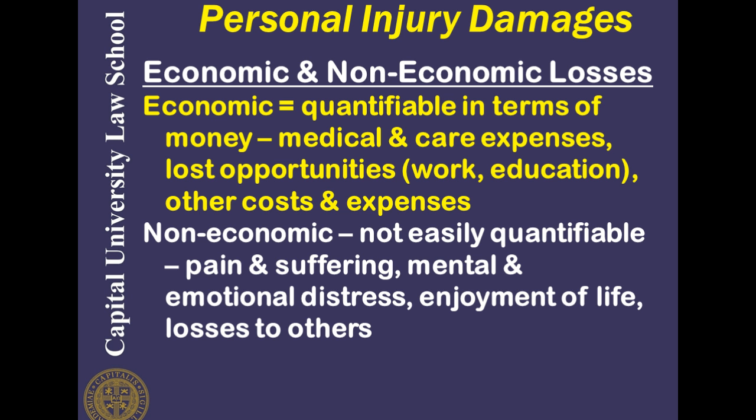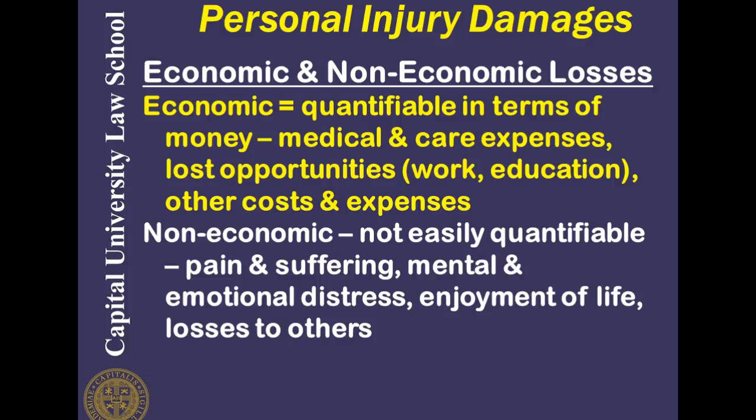Non-economic damages are not easily quantifiable. You can't put a ready price tag on pain and suffering, on mental and emotional distress, on the loss of the enjoyment of life, and various other losses, or losses to others. So others' loss of companionship, loss of consortium, as we'll see in a few minutes.